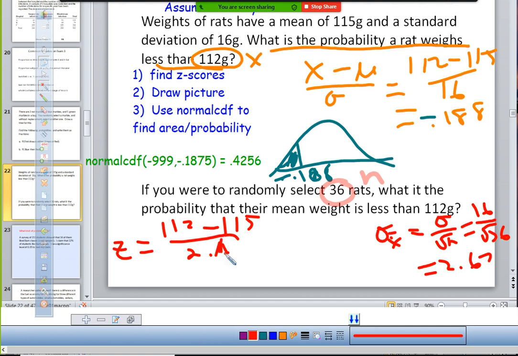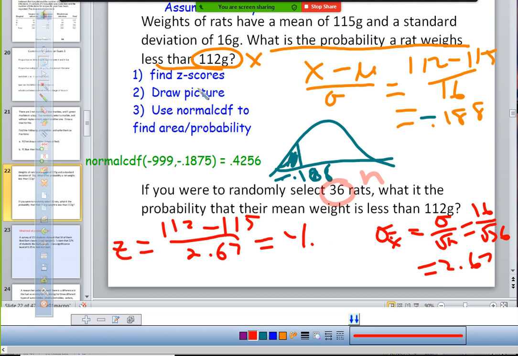Oh dear, that's all messed up. Okay. So then you end up getting negative 1 point something. We'll call it 1.1.